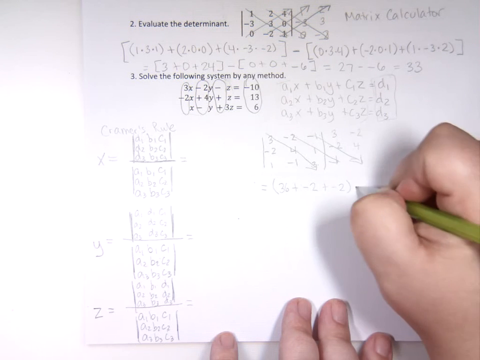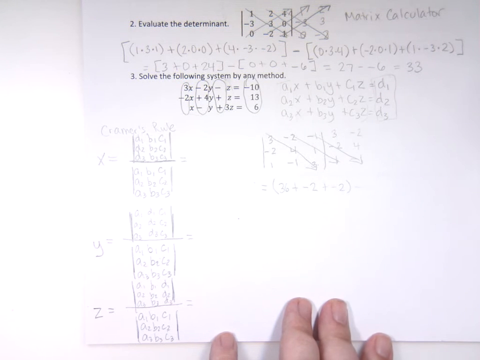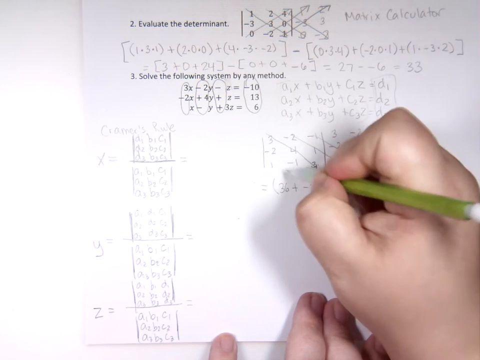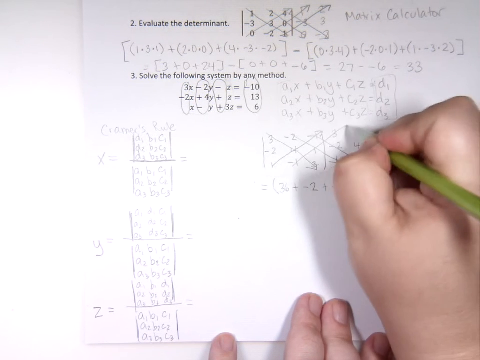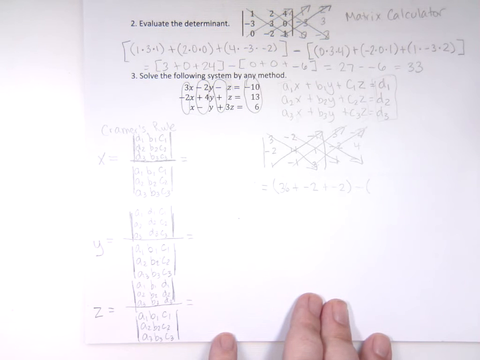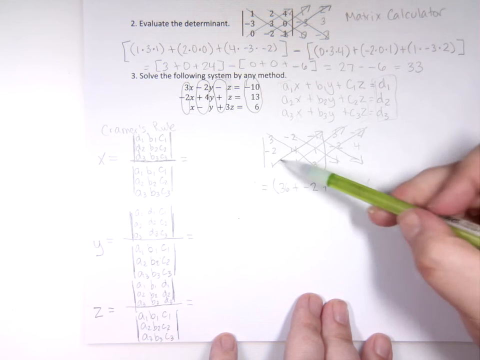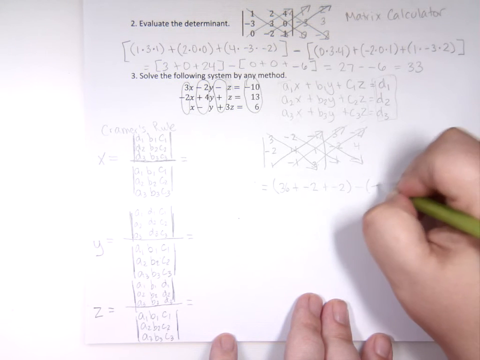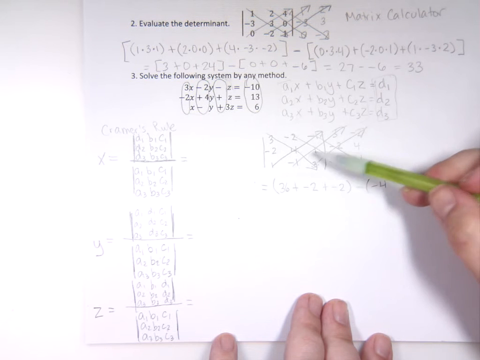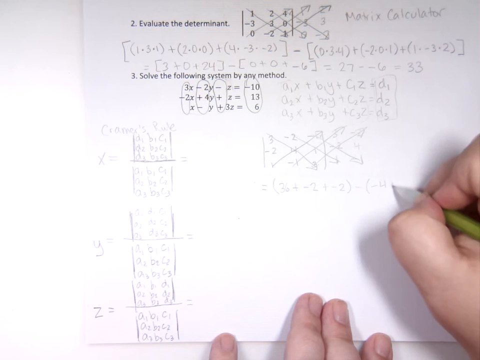All right, then we've got the minus sign in the middle, and we've got another set of parentheses, and now we're going to multiply up the diagonals, starting from the bottom left. So 1 times 4 times negative 1 is negative 4. Negative 1 times 3 is negative 3.